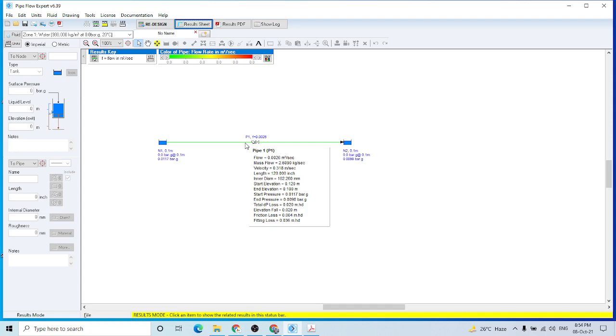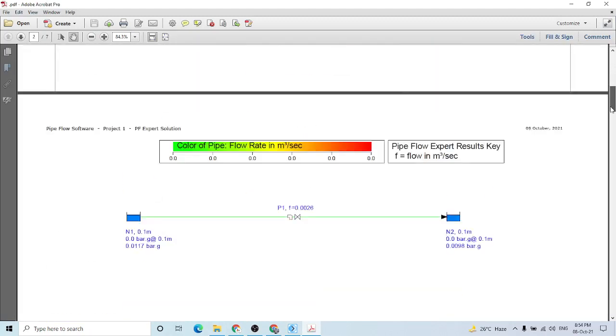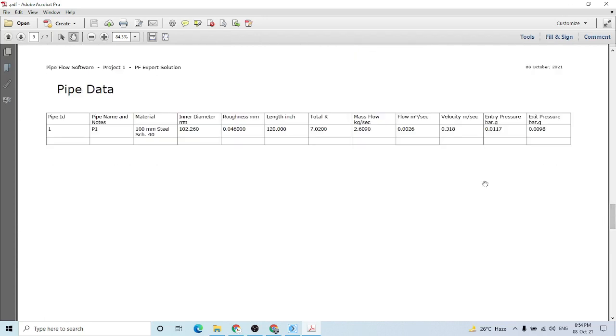So here it is saying that the total dp loss is 0.02 meter, and we can also see from the results, this is the final report, in the pipe data we can see the entry pressure and the exit pressure. By taking the difference of these two pressures, we can calculate the pressure drop in this pipeline.